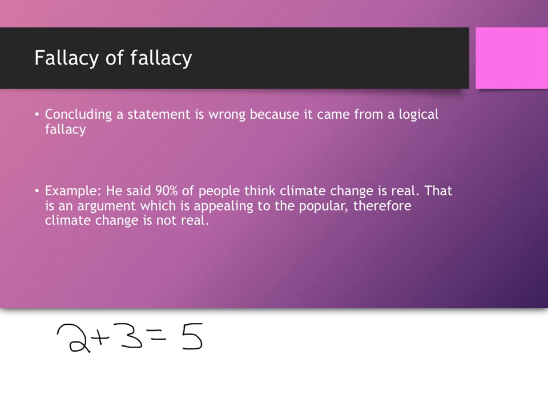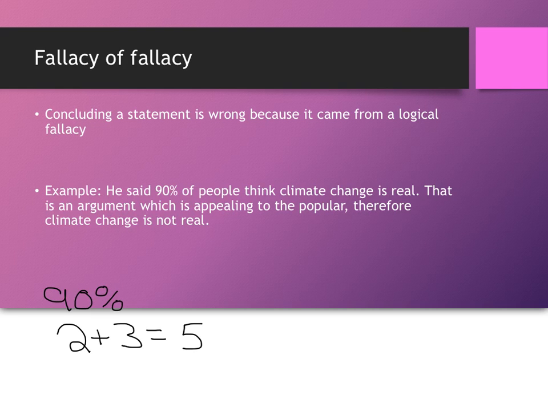Okay? So a fallacy of fallacies is when you conclude a statement is wrong because it came from a logical fallacy. All right? So for instance, if I said 90% of people think 2 plus 3 is 5, and an opponent said, well, you used appeal to the popular. Again, the conclusion may still be right. Just the argument is wrong.